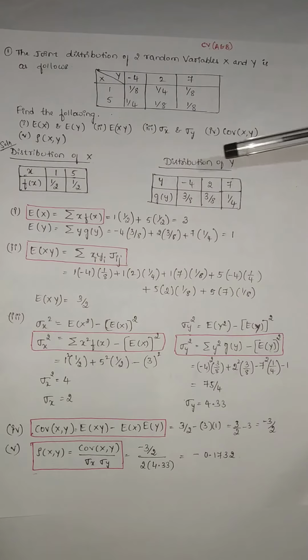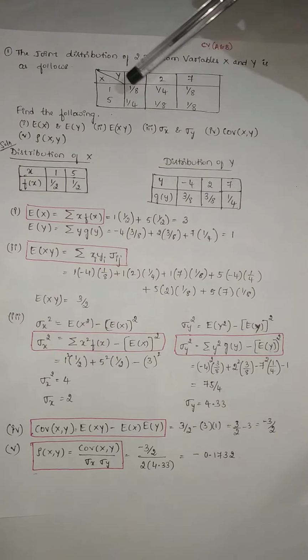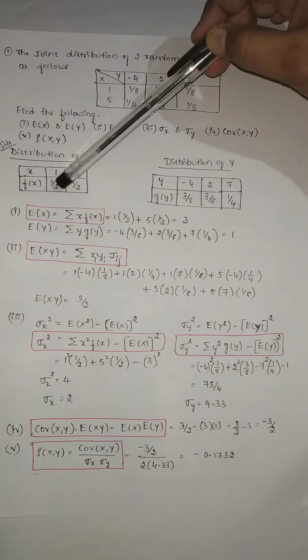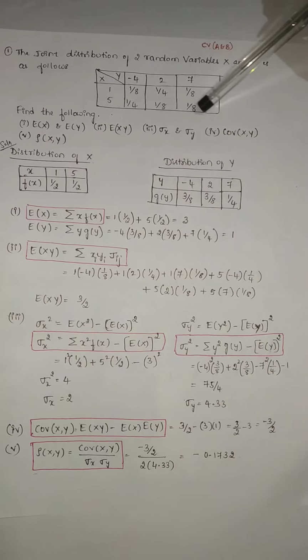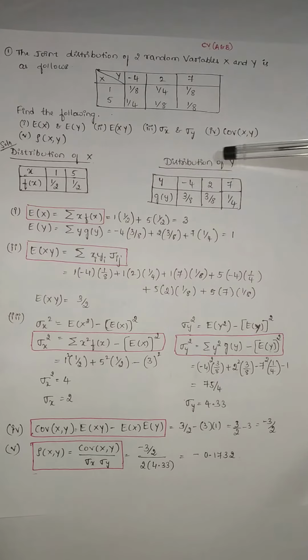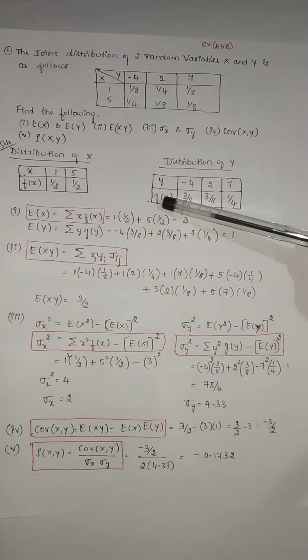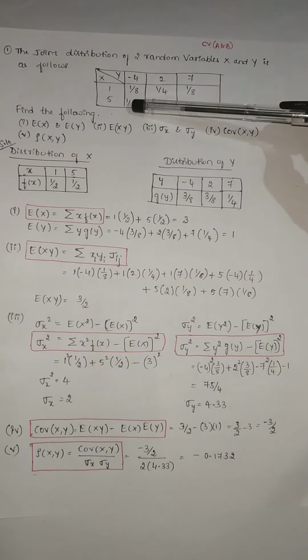To write the distribution of x, you add the first row elements to write the first element, and you add the second row elements to write the second element. In the distribution of y, to write g of y in the first place, you add the elements of the first column.